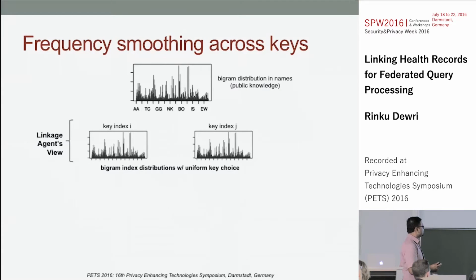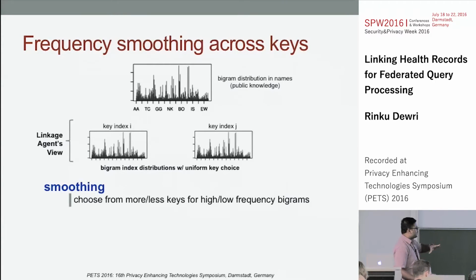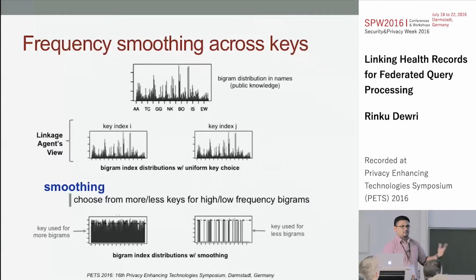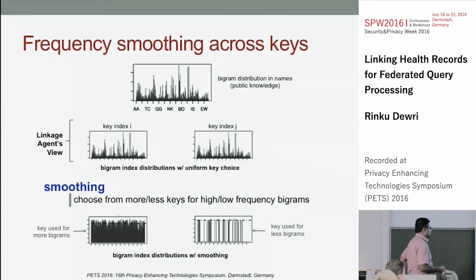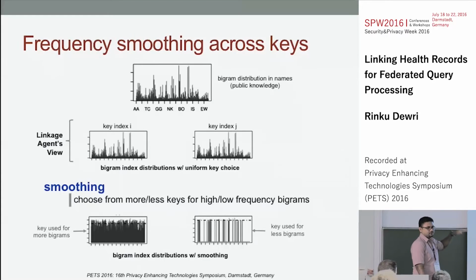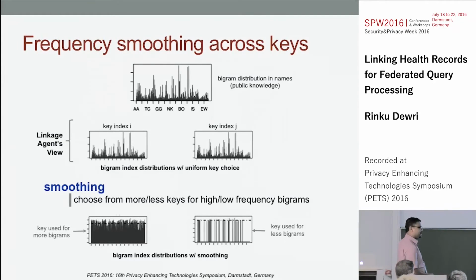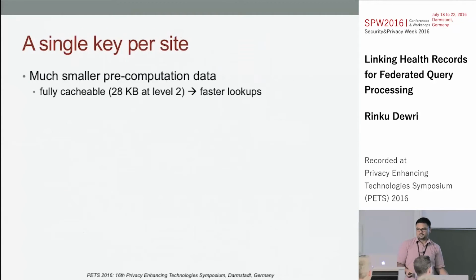So what we say is, let's not pick keys uniformly at random, let's use some kind of smoothing. For bigrams that appear more times, let's use more keys. For bigrams that appear fewer times, use fewer keys. As a result, the keys start to show a distribution very close to being uniform. Now, of course, there is some residual risk, and in the paper we show how we compute it, and there are some results.